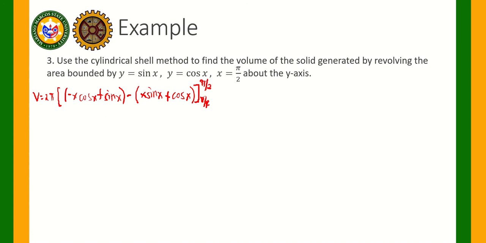So, let's try to combine like terms if meron. Or, distribute na lang natin si negative. So, V is equal to 2 pi multiplied by negative x cosine x plus sine x minus x sine x minus cosine x.